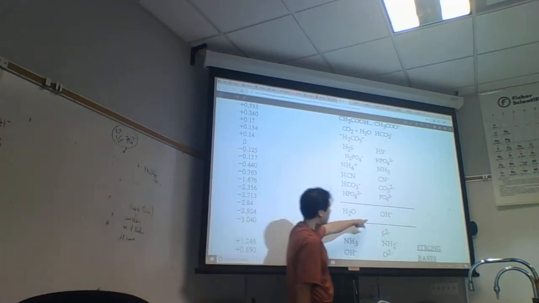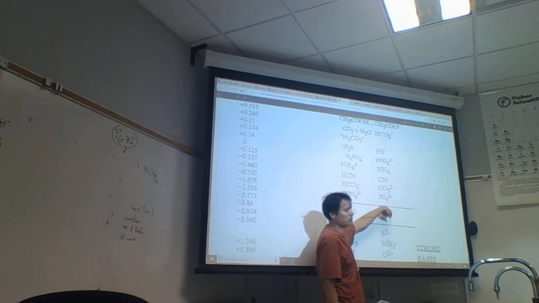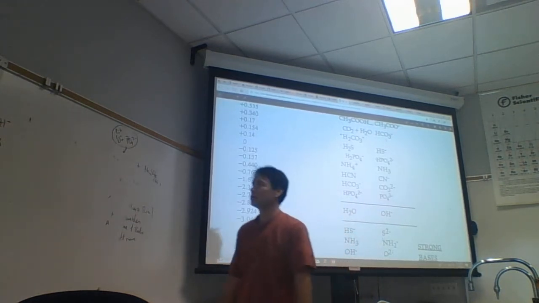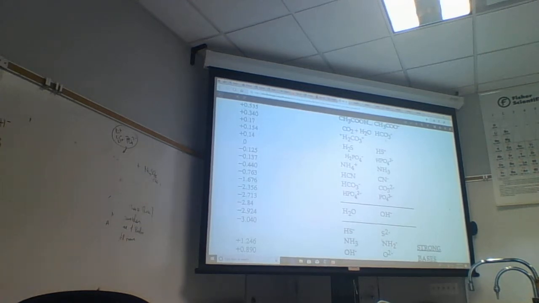And is that the case? Hydroxide is stronger than phosphate. That's correct because it increases this way. So this is stronger. This is weaker. And so what we say is here, the driving force is backwards. The downhill direction is this way. And so what we'll put is NR here in quotation marks.